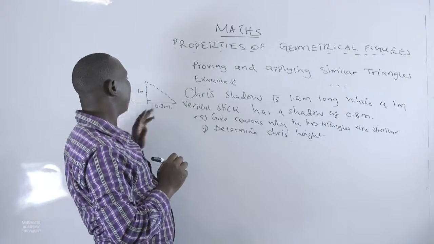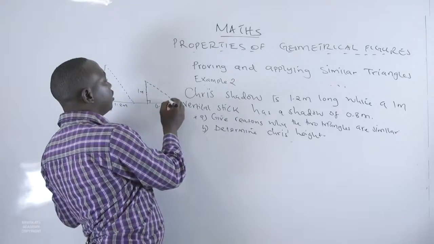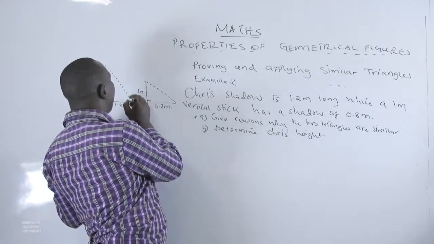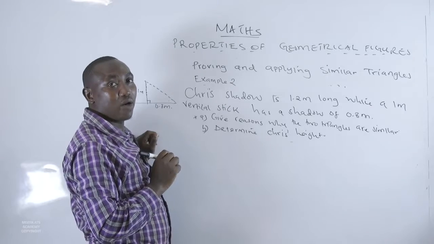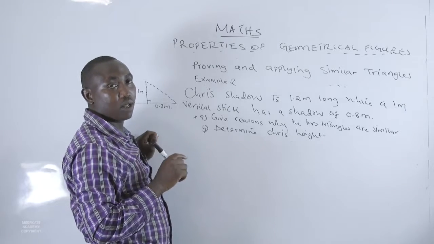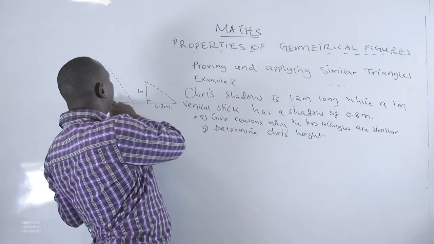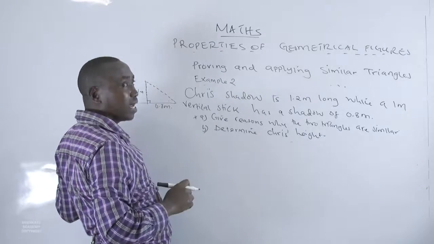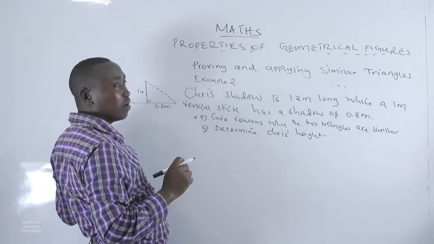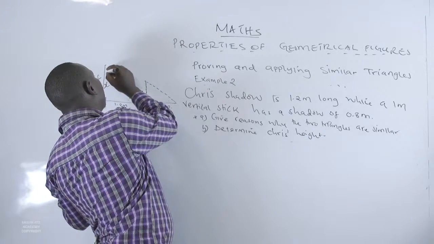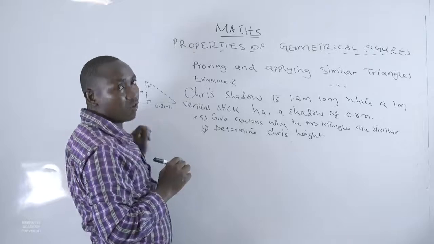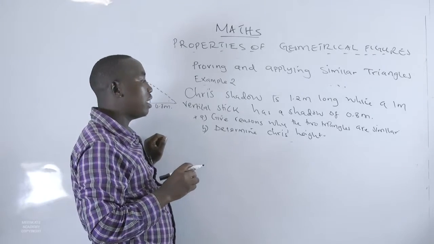And if both of them are 90 degrees, then it is going to be given that this particular angle and this particular angle are going to be equal. And if this angle and this angle are equal, and also the other one were right angles which again were equal, then that will basically tell you that the third pair of angles are going to be equal.